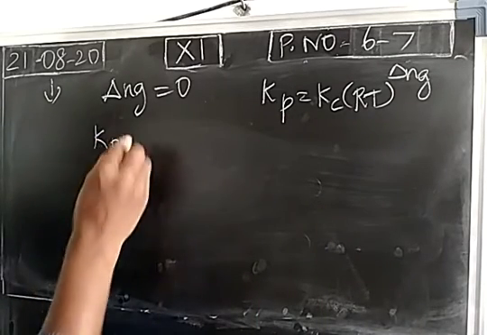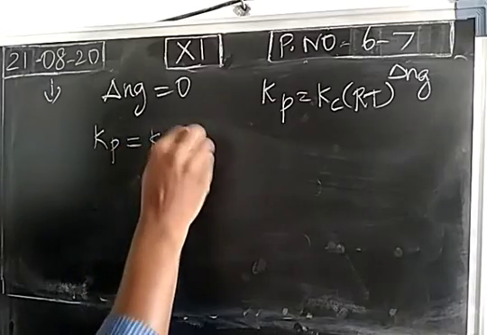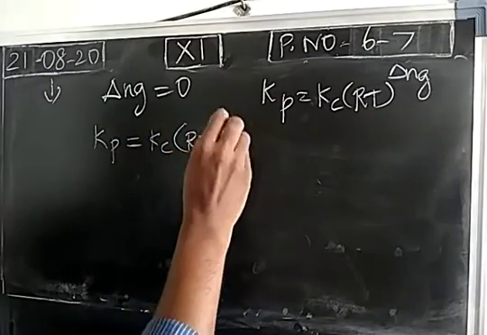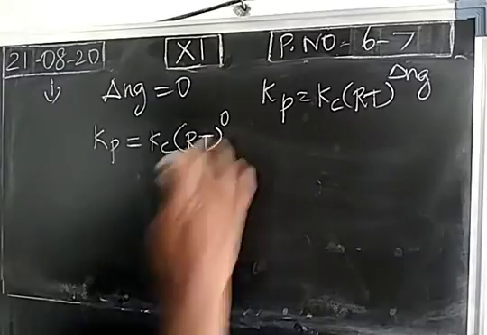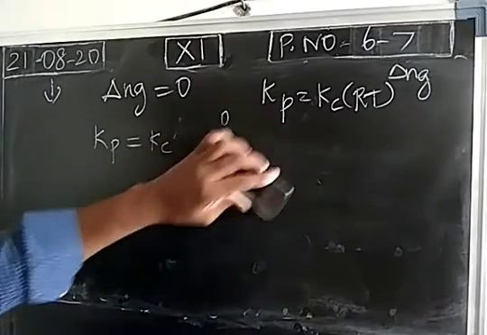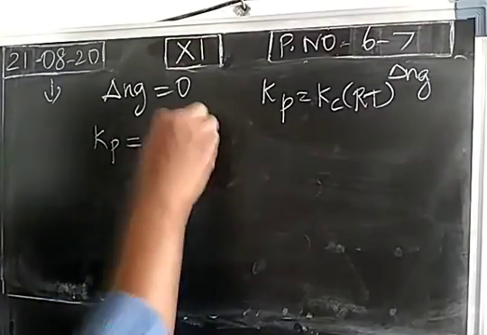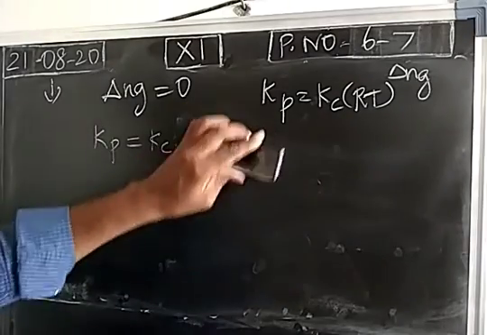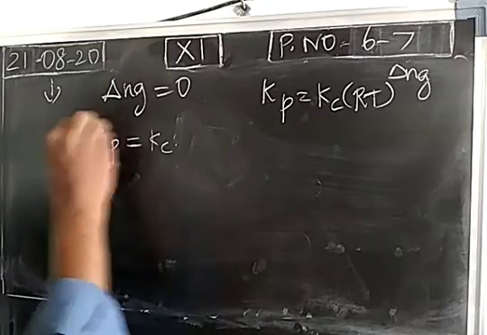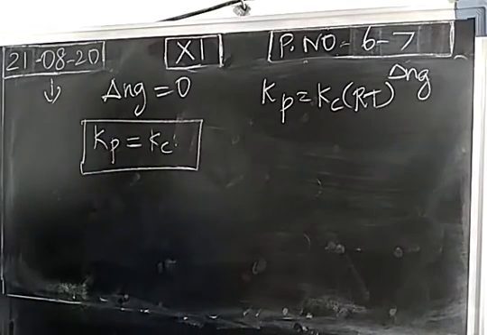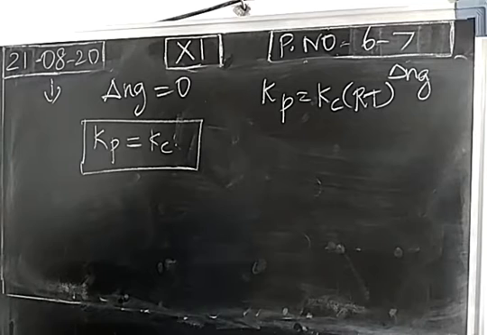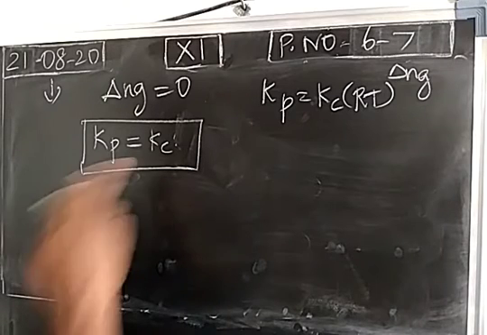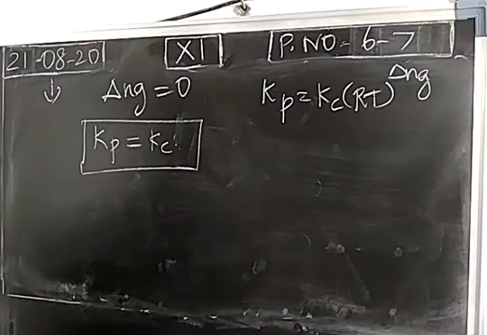So Kp is equal to Kc, RT power delta Ng value 0. Anything power 0 is 1. So this will become 1. RT power 0 is nothing but 1. So what is the relationship between Kp and Kc? The values will be equal. The equilibrium constant in terms of partial pressure will be equal to the equilibrium constant in terms of active mass, if the delta Ng value is 0.